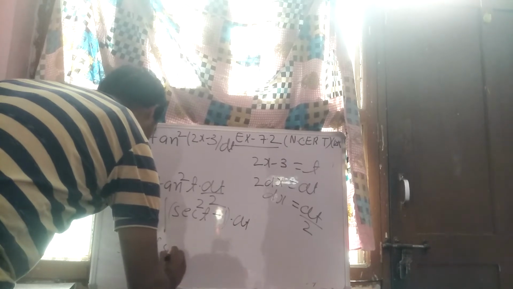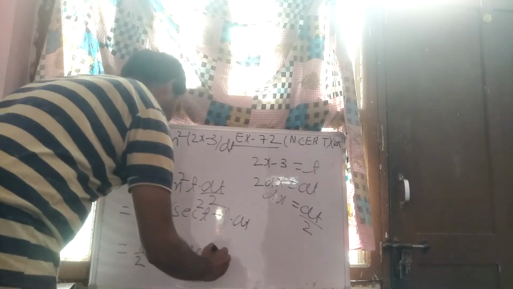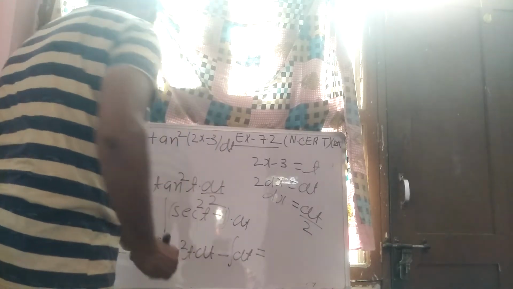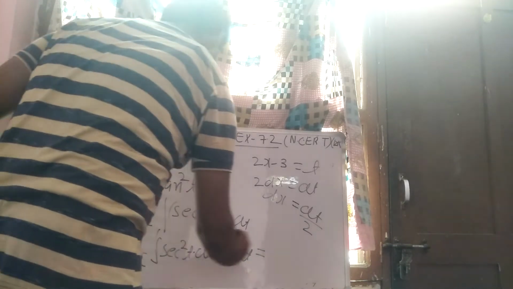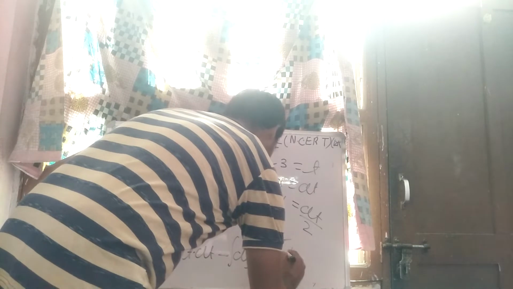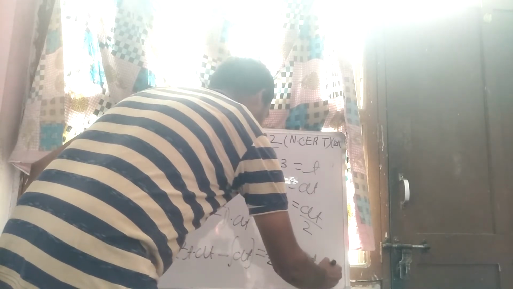We have two terms: sec square t into dt minus dt. We know that formula, the integral of sec square t is tan t, and the integral of dt is t.